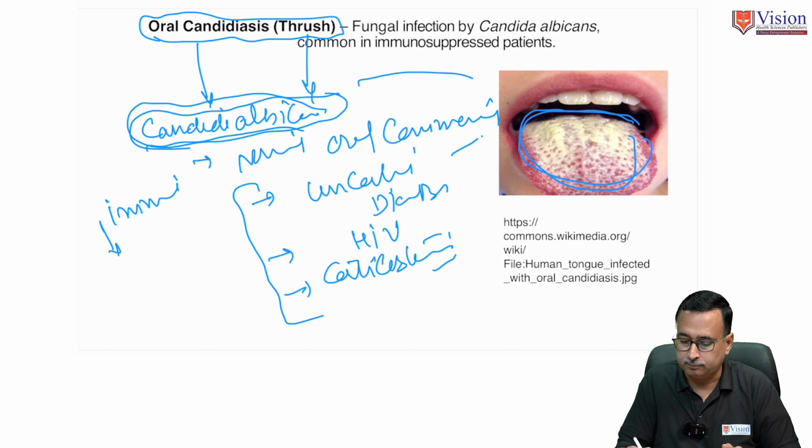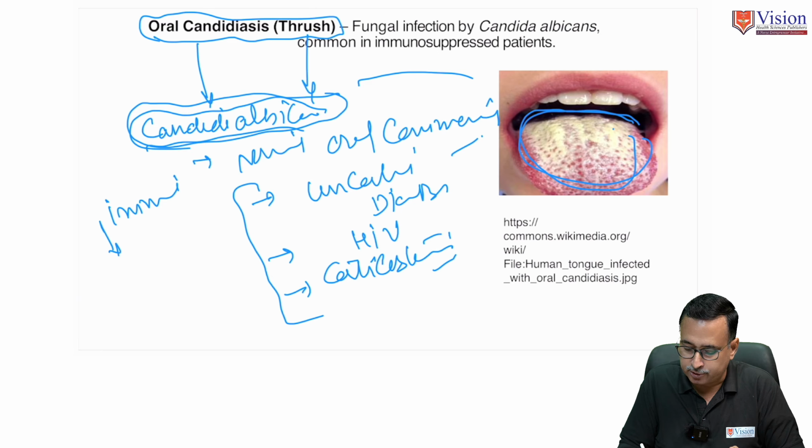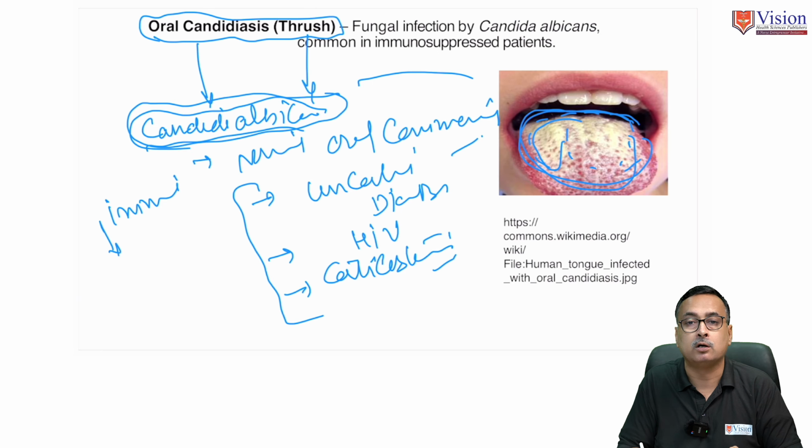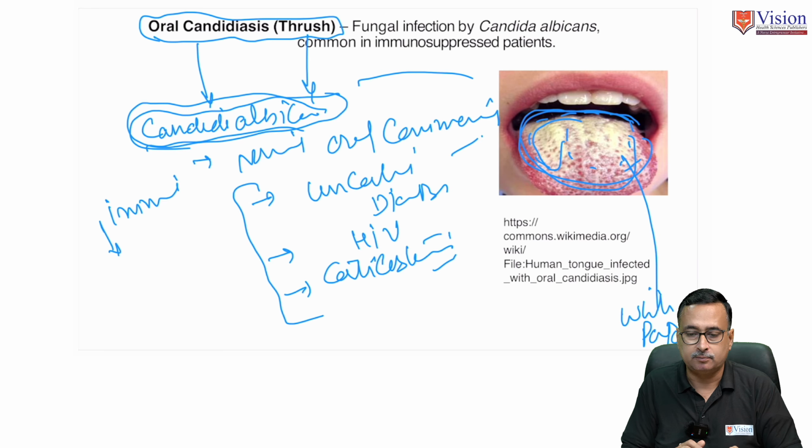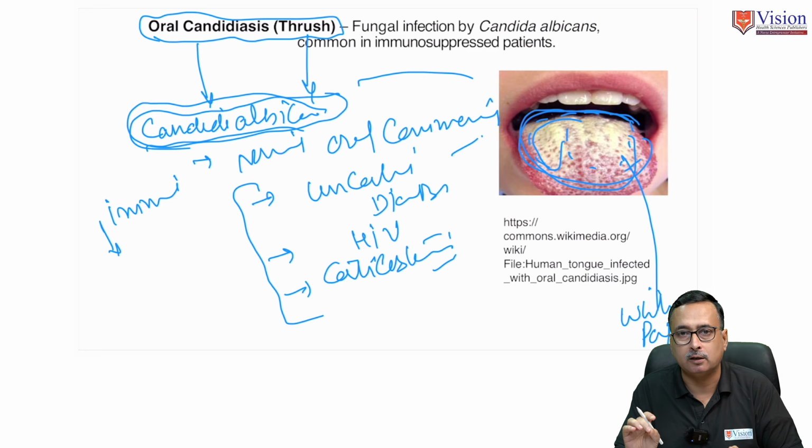Here in this diagram, it shows a white or slightly yellowish patch over the dorsal surface of the tongue, the dorsum of the tongue. This we call a white patch. When you try to rub it with a soft brush, it can be easily rubbed off, leaving behind a mildly bleeding area.